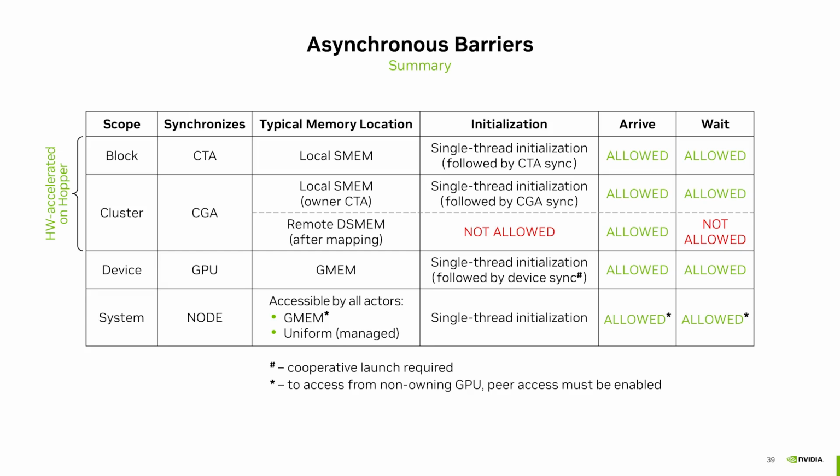So initialization and wait is not allowed on remote barriers. You can only initialize and wait on a local barrier. At the same time, you can arrive on both local and remote. When it comes to system scope, everything is allowed. You just need to make sure that your barrier is accessible by all the actors. For instance, if you're synchronizing several GPUs, you want to make sure that peer access is enabled.